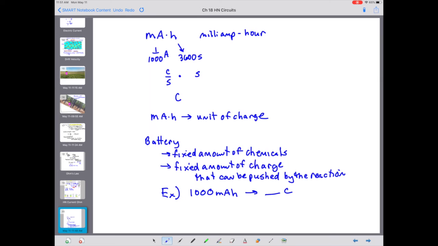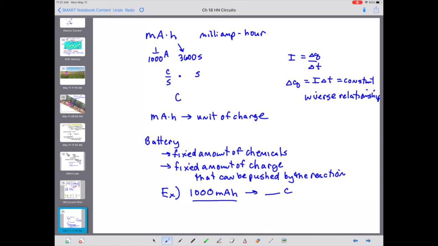If that's a fixed number, milliamps times hours, in terms of our equation, I equals delta Q over delta T. If I solve for delta Q, that would be I delta T. So that product of I delta T is equal to a constant, and that means that you have, at least for a battery, an inverse relationship here.